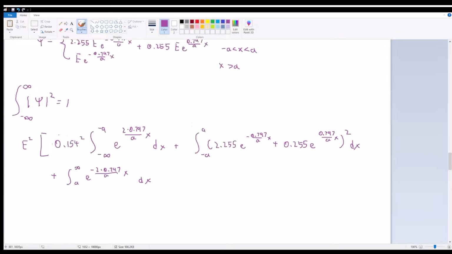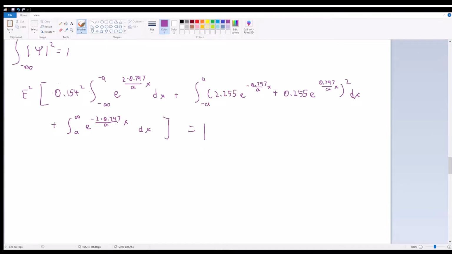And now we just have to do each of these individually and equate the final result to 1. So let's start with the first one. Number 1, integral from negative infinity to negative a, e to the 2 times 0.797 divided by a times x dx.